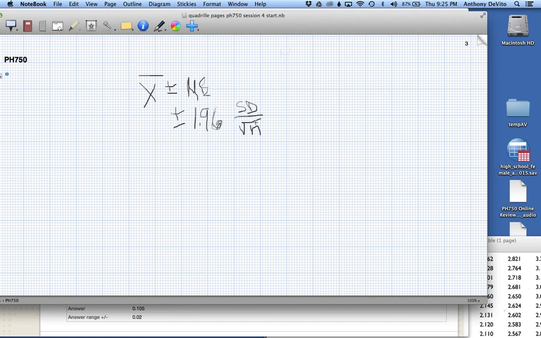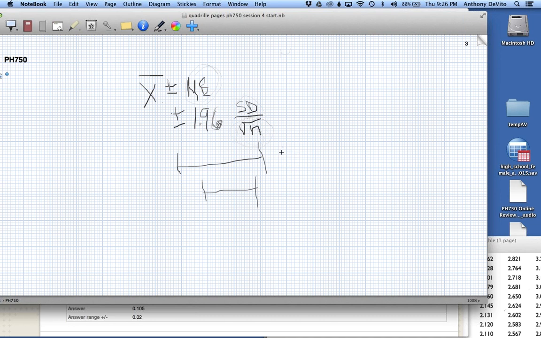Okay, so now if I make the sample size bigger, then this number is smaller, and if I multiply it by 1.96 or whatever t happens to be, then this whole number, the margin of error, is smaller. That means the amount you're adding and subtracting to x bar to get the confidence interval is smaller. So as the sample size gets bigger, my confidence interval gets narrower for the same percentage.